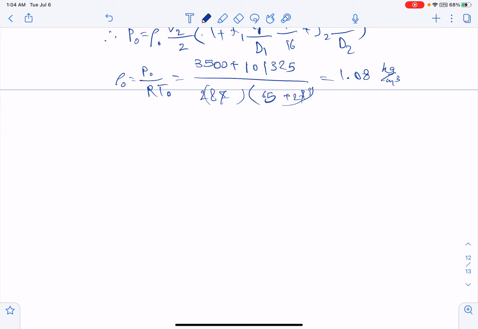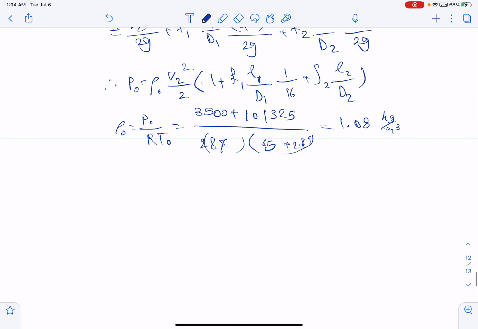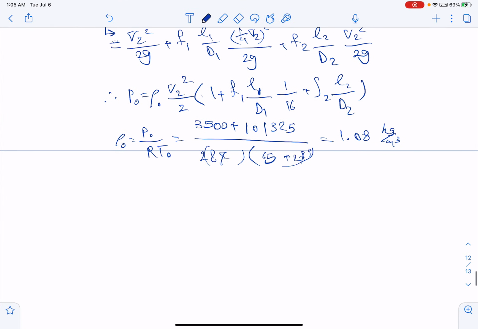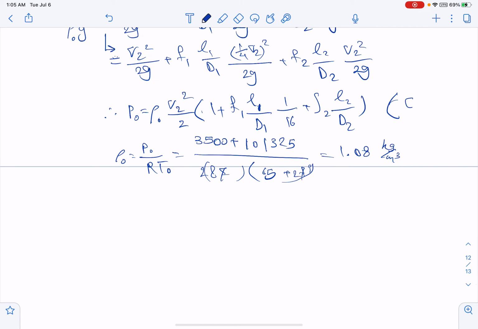Now let's substitute all the knowns into equation 1. Let me show it to you and put the number on it: this is equation number 1, and this is f right here.